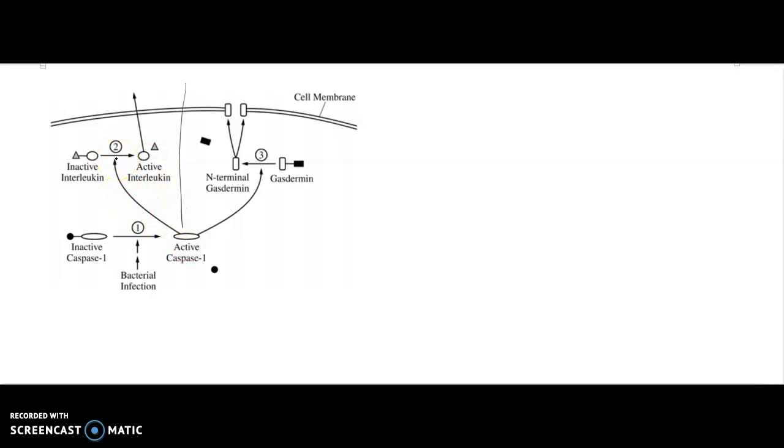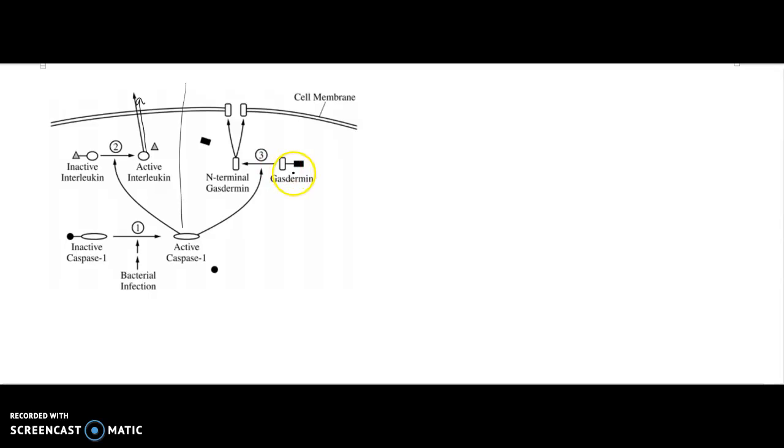What does active interleukin do? It leaves the cell. So active interleukin leaving the cell is one of the responses here. Now this process on the right is completely independent of this. So active caspase can also go over here to Gasdermin. And what does it turn Gasdermin into?